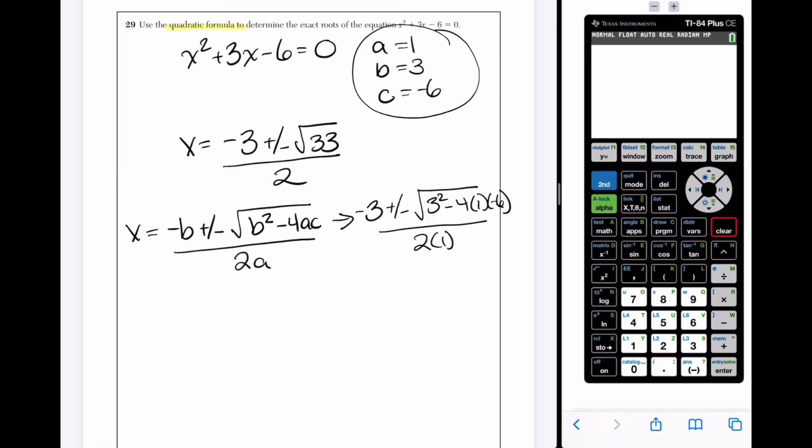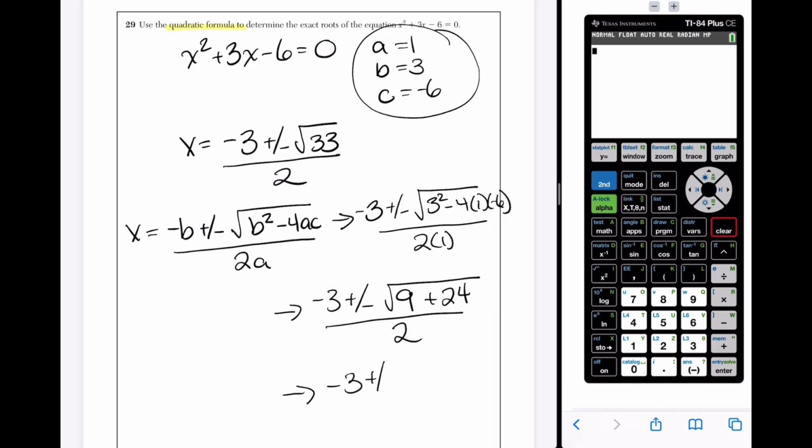And now I can simplify this further, and I get negative 3 plus or minus the square root of 9 plus 24. Okay, so all I did was multiply negative 4 times 1 times negative 6, and I get positive 24, over 2. And I simplified it even more: negative 3 plus or minus the square root of 33 over 2.